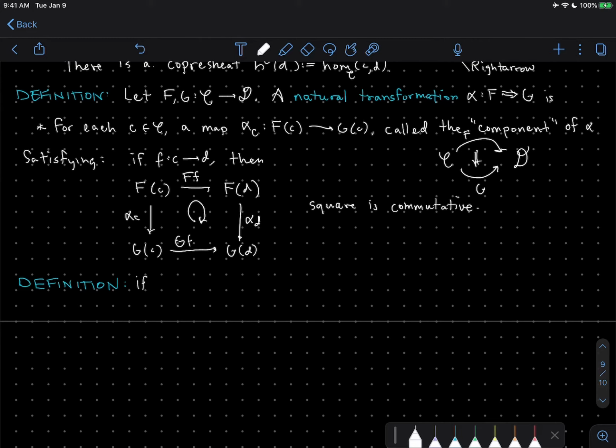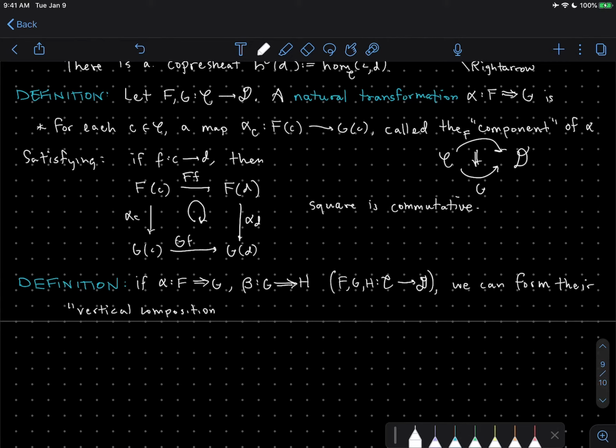The definition: if alpha is a natural transformation from f to g, and beta is a natural transformation from g to h, and f, g, and h are all functors from categories C to D, we can form their vertical composition, written alpha star beta, and this is going to be a natural transformation from f to h.